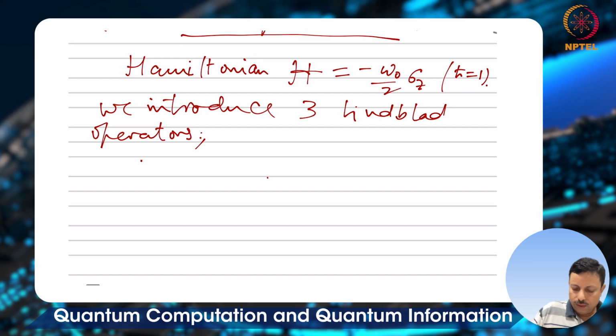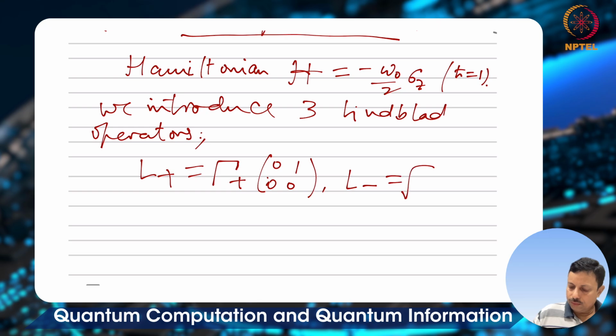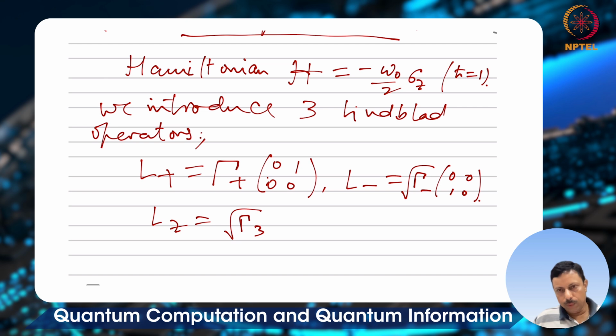We have L plus equal to root over gamma plus times the matrix 0 1 0 0, L minus equal to root over gamma minus times the matrix 0 0 1 0, and Lz equal to root over gamma z times the matrix 1 0 0 minus 1, which is basically the sigma z matrix, right? In many cases people use gamma 1, gamma 2, gamma 3 as well.